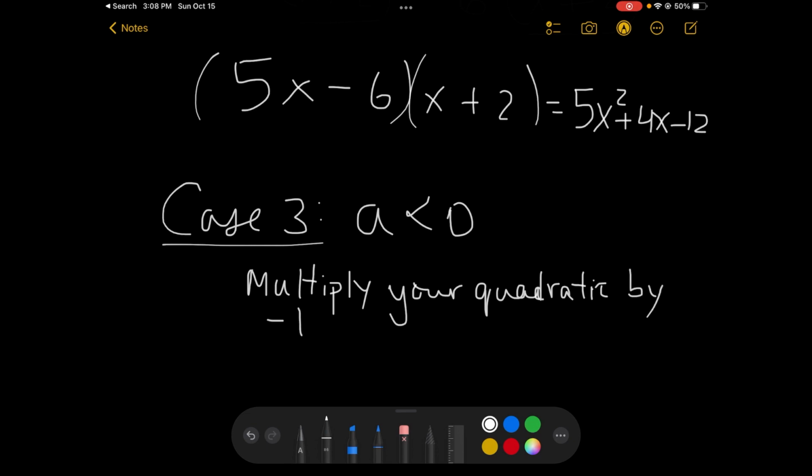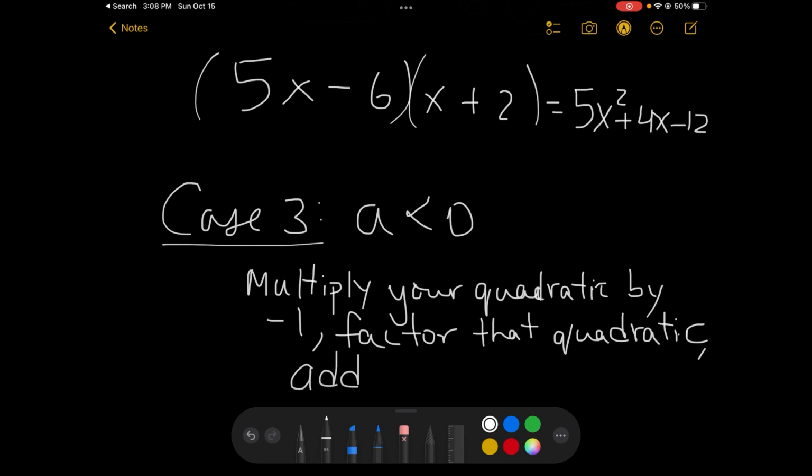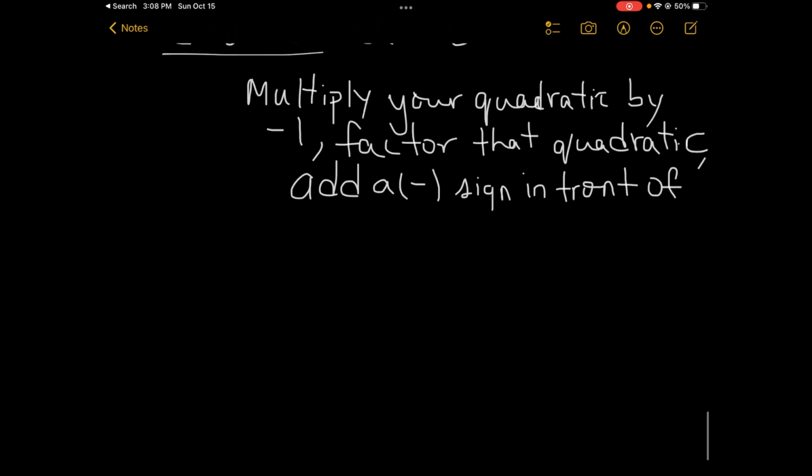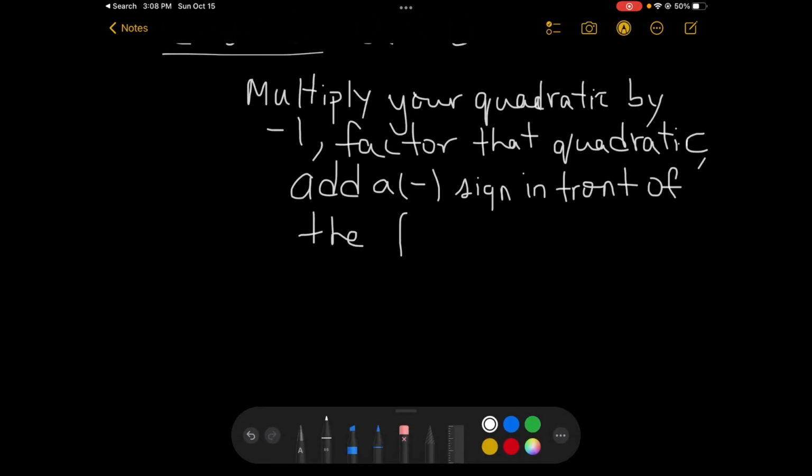Factor that quadratic according to the steps we discussed in case 2. And then add a negative sign in front of the factored quadratic.